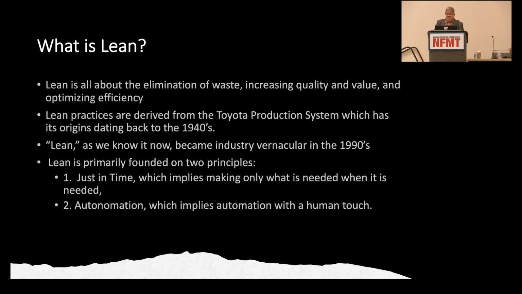Lean, as we know it now, became industry vernacular in the 1990s. Everyone was really putting a focus on lean. Lean is primarily founded on 2 principles: just in time, which implies making only what is needed when it's needed, and automation, which implies automation with a human touch.